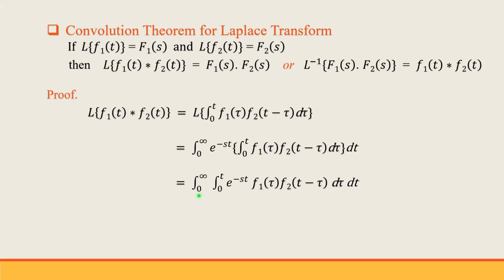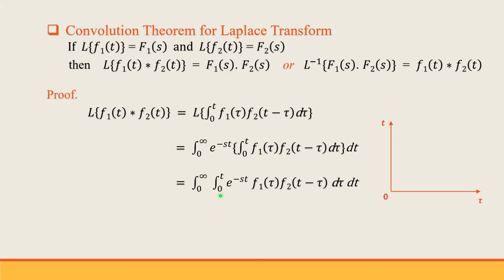For that, let us first represent our original limits by taking tau on the x-axis and t on the y-axis, and draw the area which is represented by the limits. Now here, tau is varying from tau equal to 0 to tau equal to t. These are the limits for d tau. So, what is tau equal to 0?